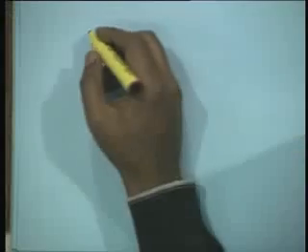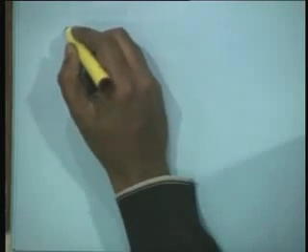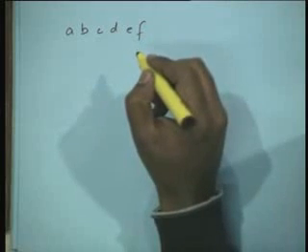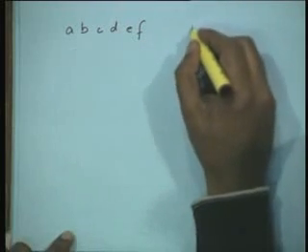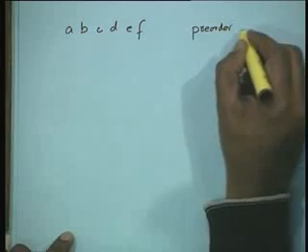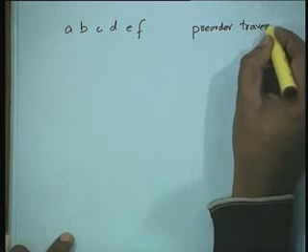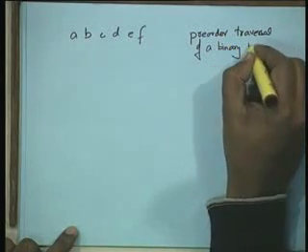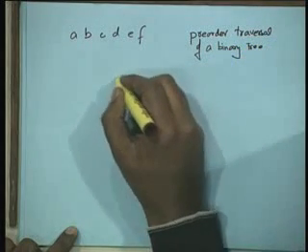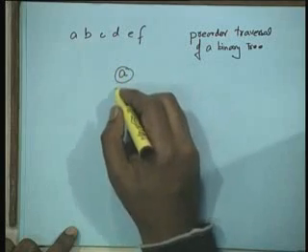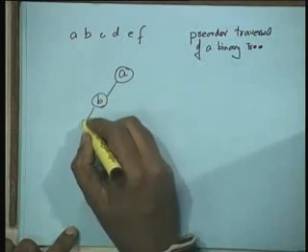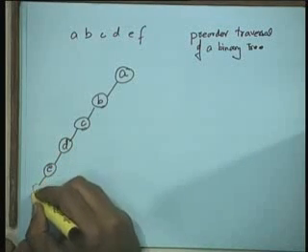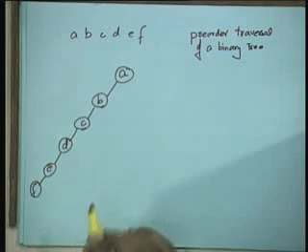So we said A, B, C, D, E, F, let's say, is the pre-order traversal of a binary tree. This is one.